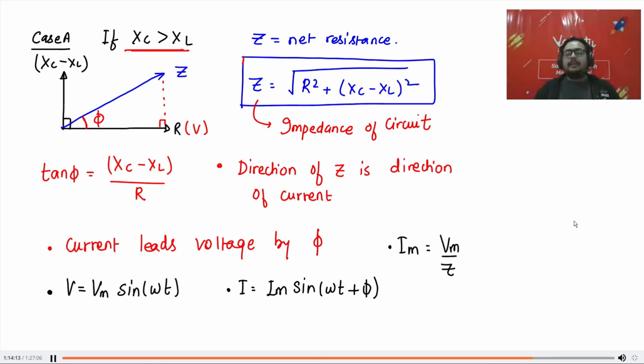It is coming from the phasor. The angle is obviously not 90 degrees. If there was only a capacitor, it would lead by 90 degrees. But there is an inductor also, so it does not lead by 90 degrees. Please note this down. Im will be Vm by Z. I will give you one example also, but let me first complete. Okay, so this is case A.